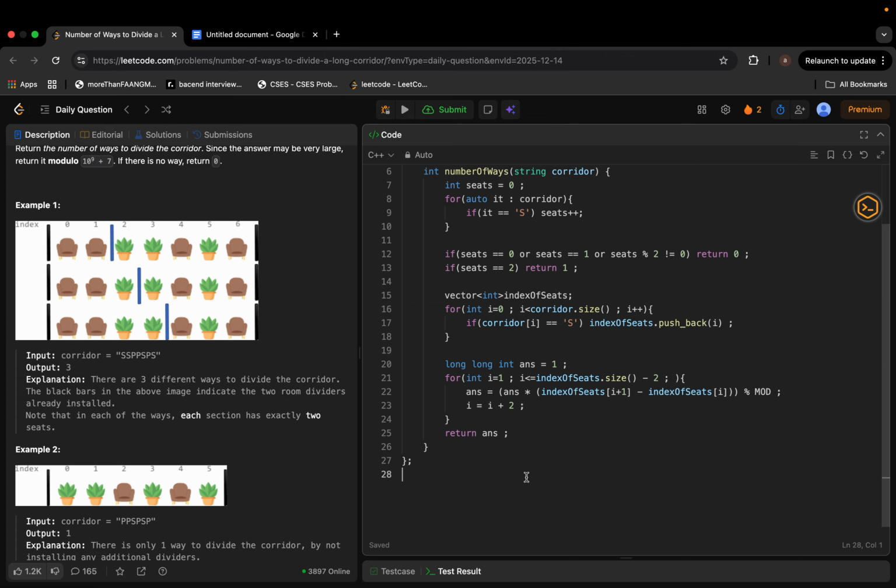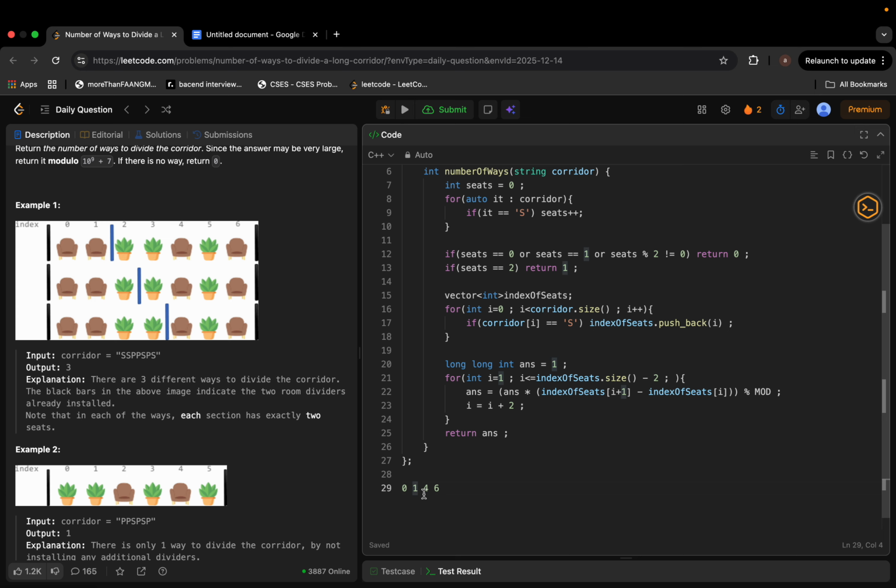Now I'm finding the number of ways. Where am I? I am at index of I plus 1. I'm starting at 1, so I plus 1 is 2, so I'm at 4. Now minus index of I; index of I means 1. 4 minus 1 is 3, so 1 into 3, answer is 3.